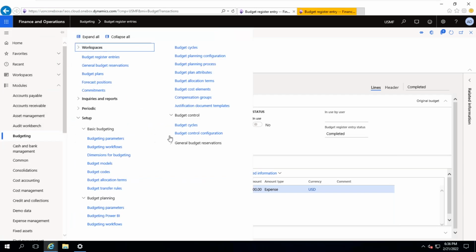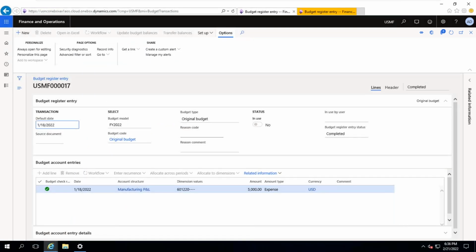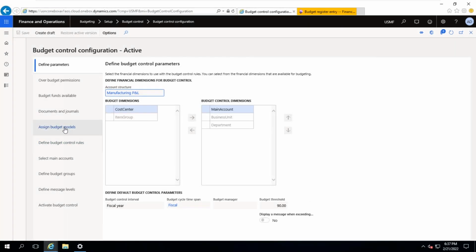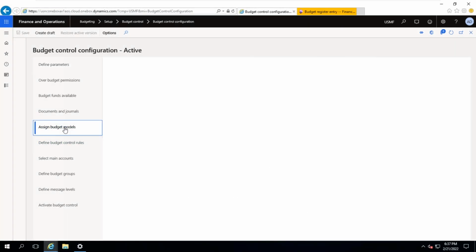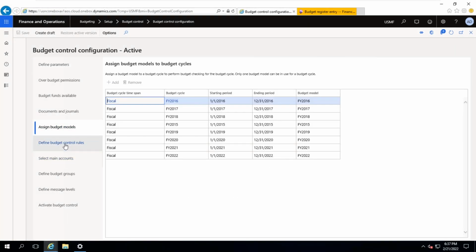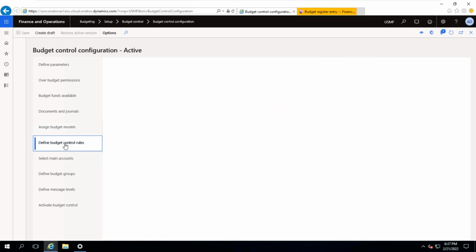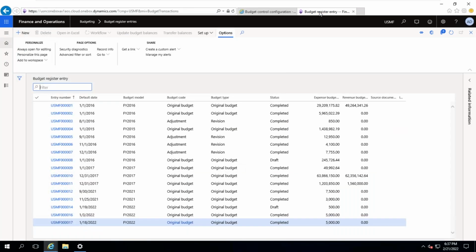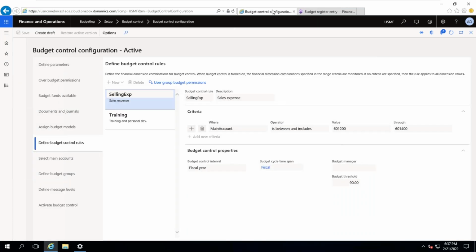Give me a second. Budget control configurations. This is one of the important topics. Here, assign budget models and then budget control rules. For the accounts between 601200 and 601400, budget will be enabled.